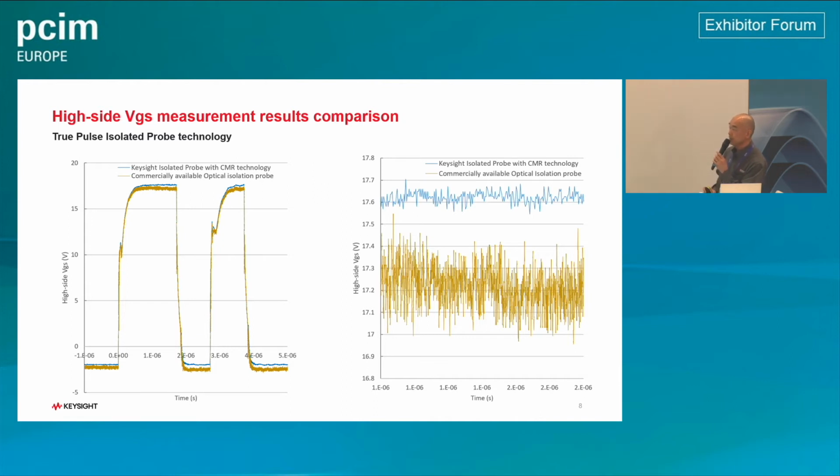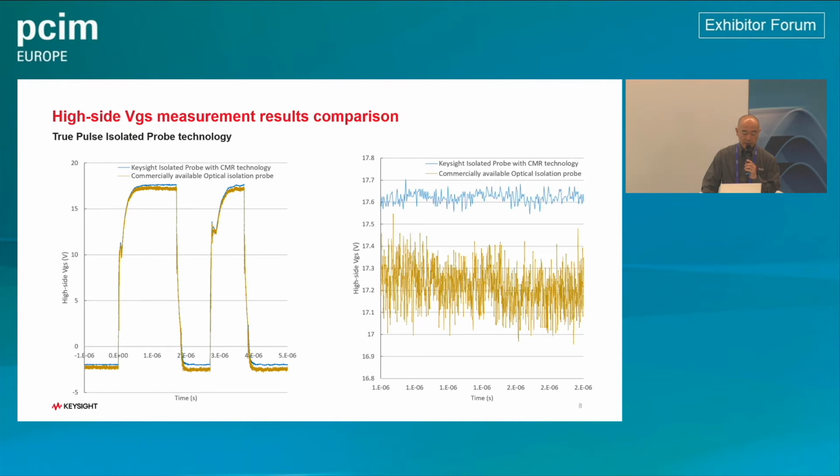On the left-hand side, you see a yellow trace and a blue trace. The yellow trace is from the commercially available optically isolated probe. So you don't see the influence from common mode noise because it has a good common mode rejection capability.